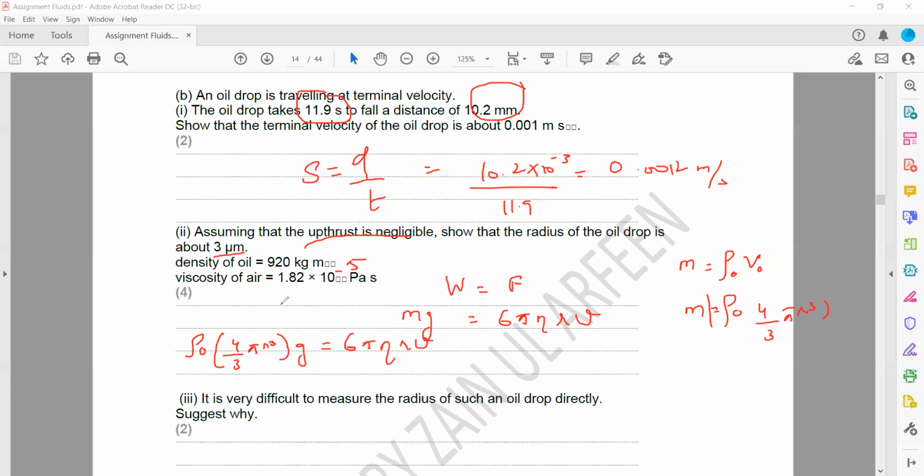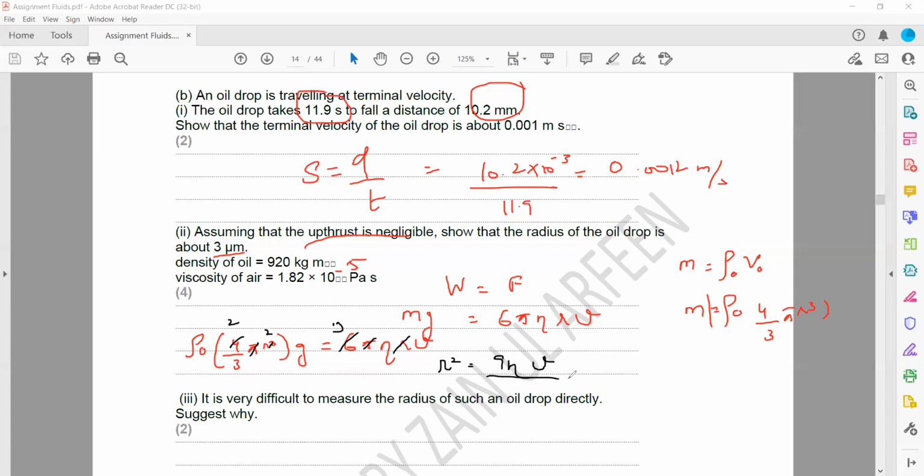Now we simplify this. This r will cancel with r cubed, so r squared will be there. Then this will be 2 and this will be 3, and 3 will be multiplied there. Pi will cancel with pi. So this will give us r squared. So r squared is equal to this 3 multiplied by 3, 9.